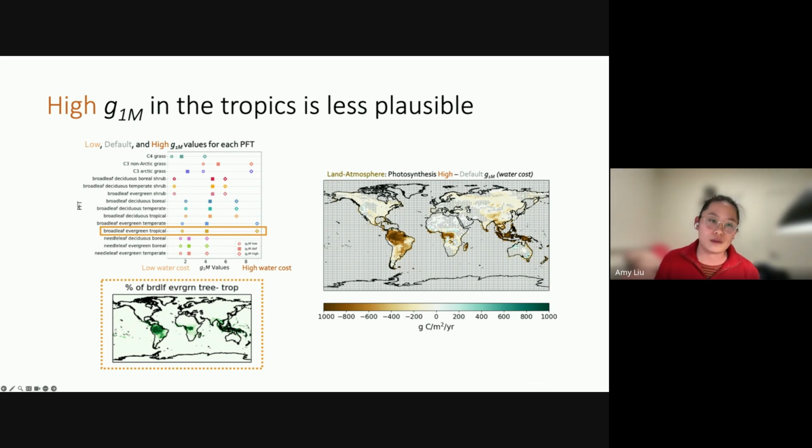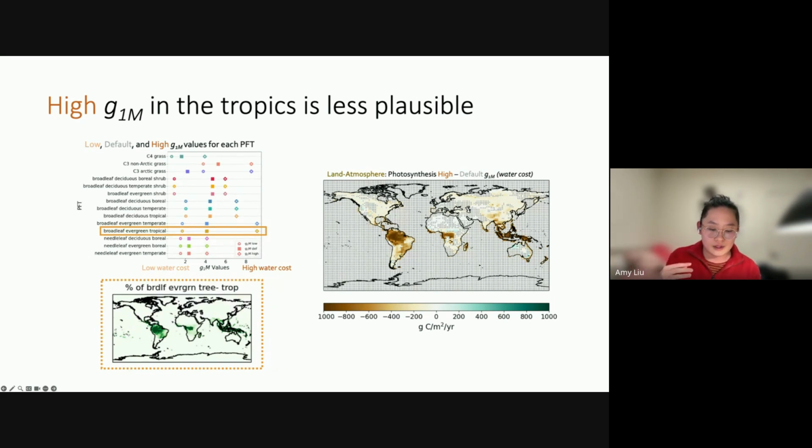The point was that currently there's one G1M value to represent each PFT that may have plants and locations across the globe, but in this case, for broadleaf evergreen tropical, we can see that G1M value may not be plausible since photosynthesis decreases quite a bit in this region.